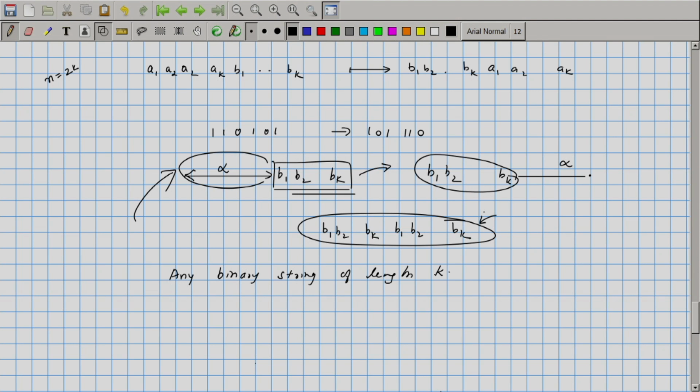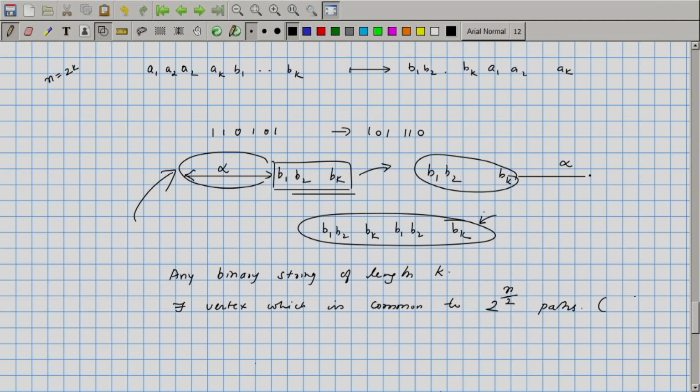So, we know that there exists a vertex which is common to 2 raised to n by 2 paths.